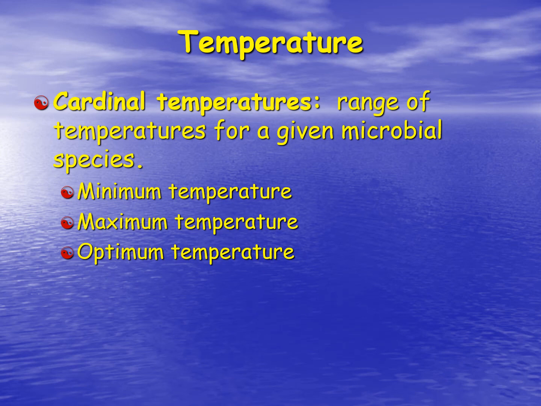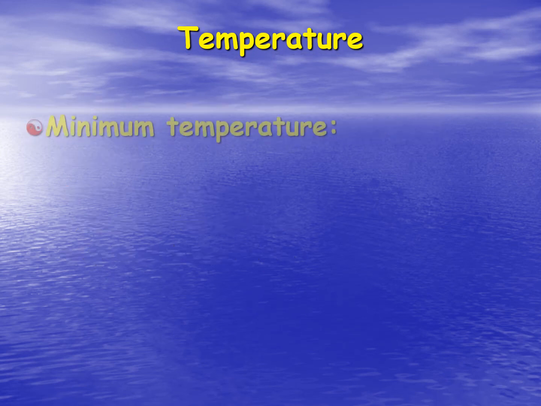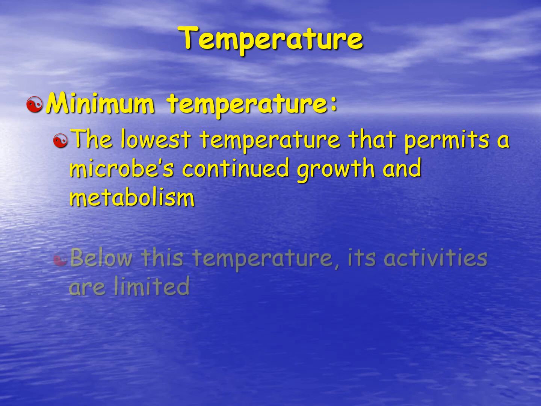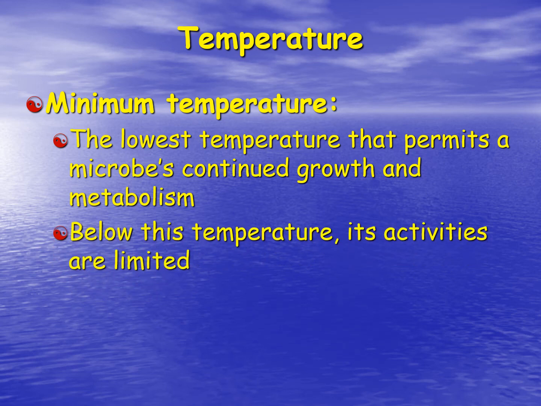The optimum temperature is where we get the best growth of the microbe. So the minimum is the lowest temperature that permits a microbe's continued growth and metabolism. While it's not going to be great growth, it at least will survive. Below this temperature, the activities of the microbe are limited. In fact, usually the microbe will actually die.